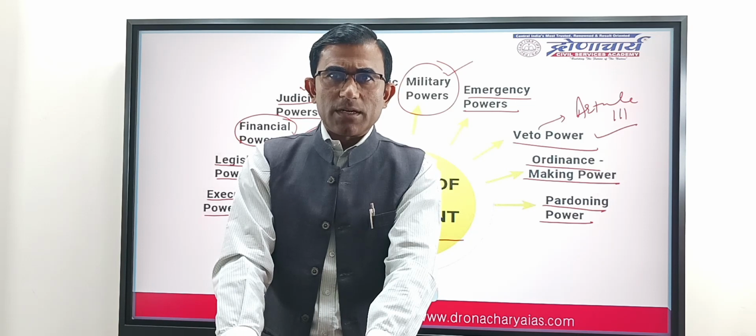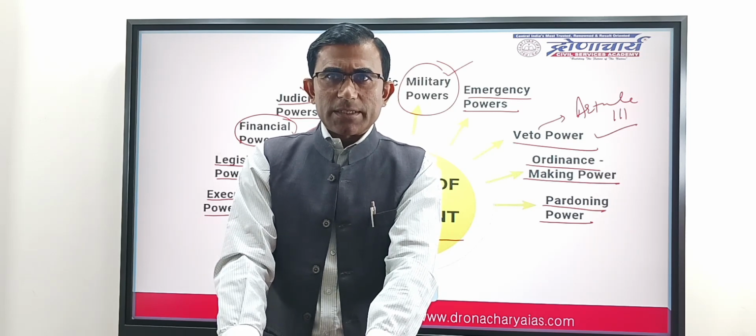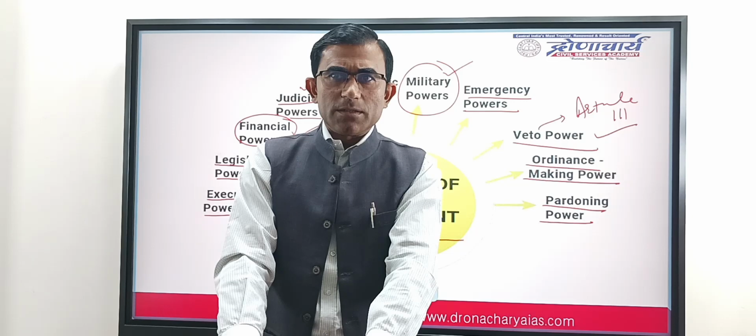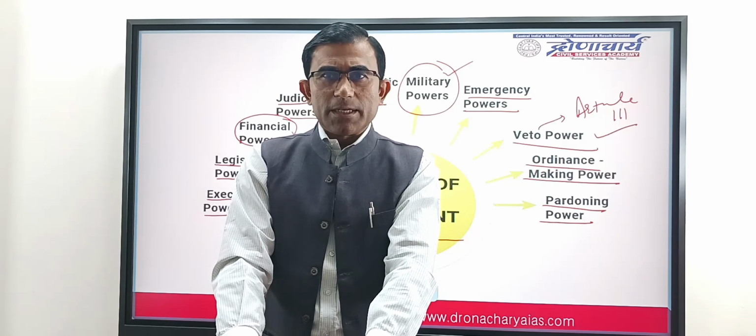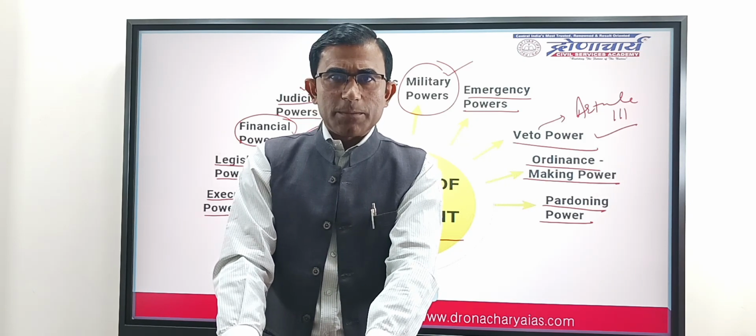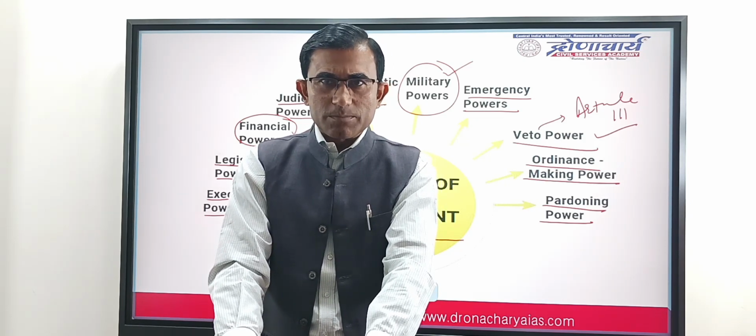However, according to the amendment, he shall act in accordance with the advice provided after reconsideration. This means that the reconsidered advice shall be binding upon the President. However, the President is not merely a rubber stamp and plays a significant role in Indian democracy.